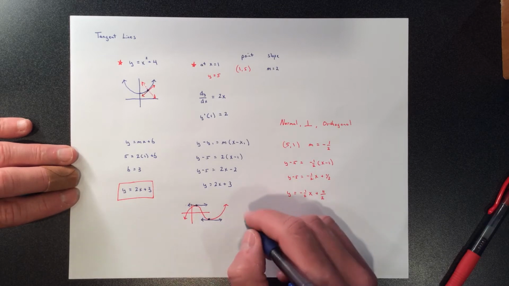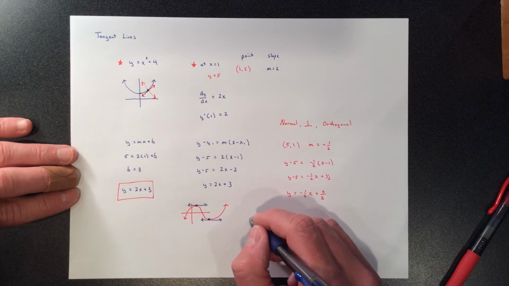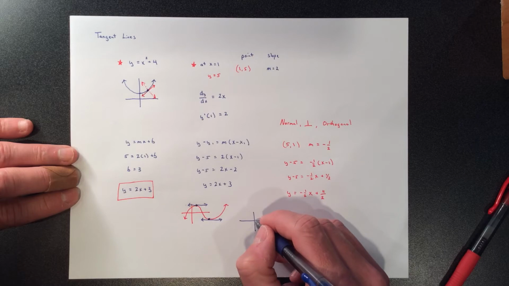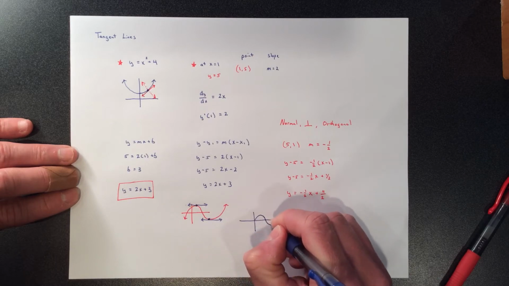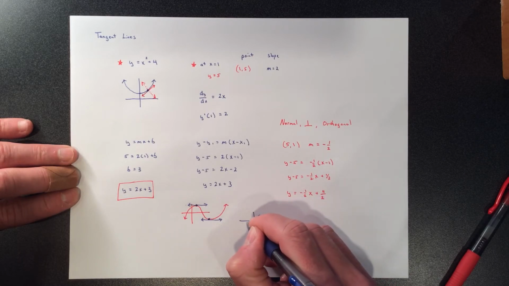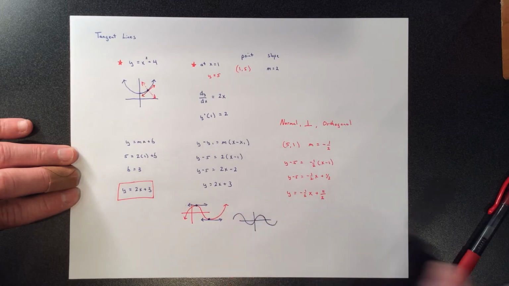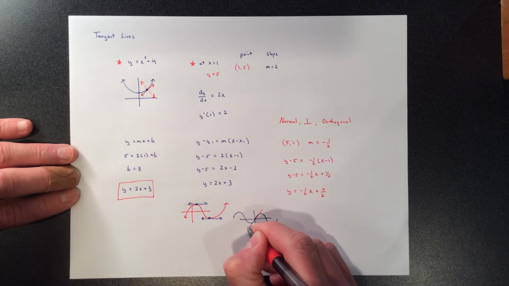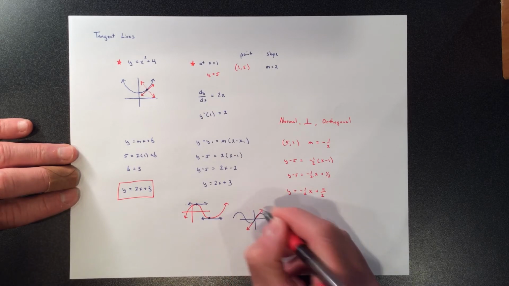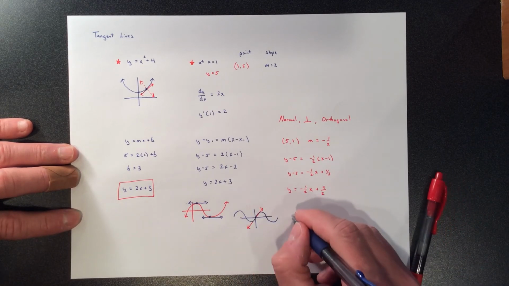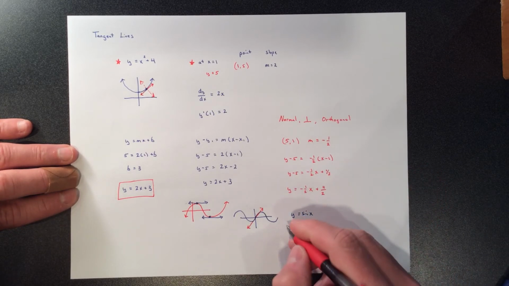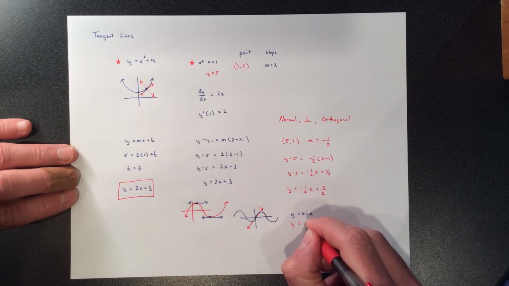The other thing we want to use tangent lines for is that tangent lines are really linear approximations or linear models. I'm going to do one real quick one where I look at the sine curve. This will pop up in your AP Physics class. There's your sine function, and there is the tangent line at x equals 0. So you have y equals sine x, and the tangent line is just y equals x.